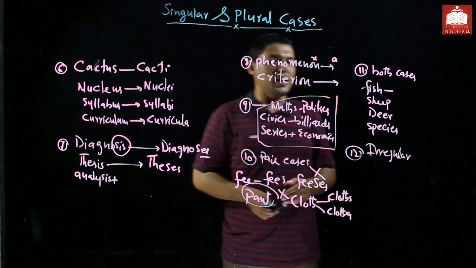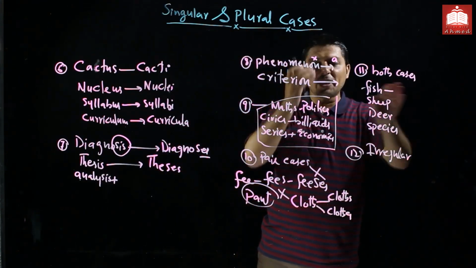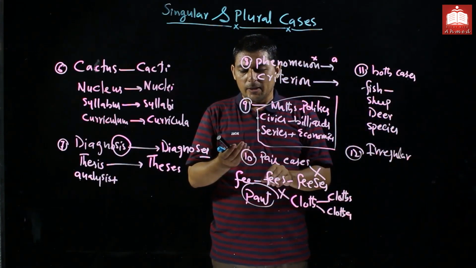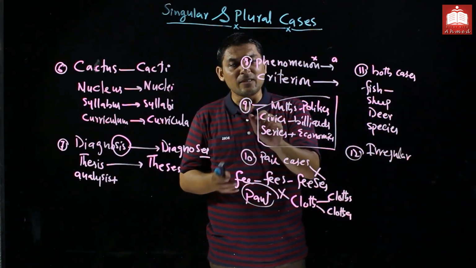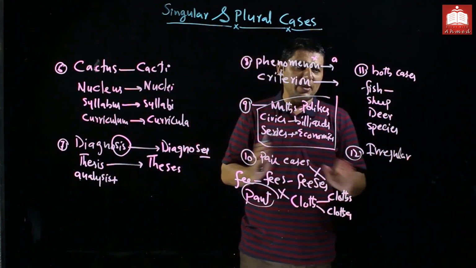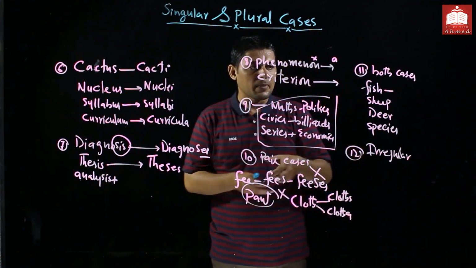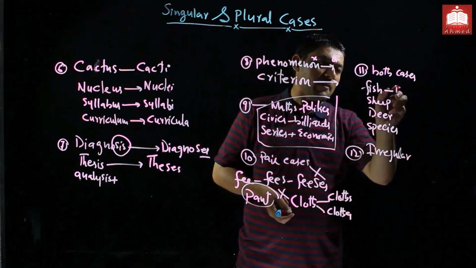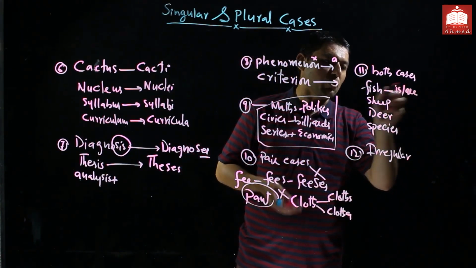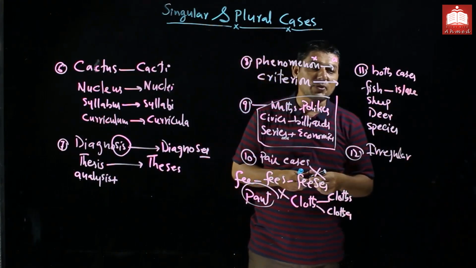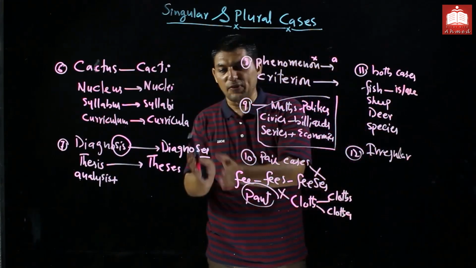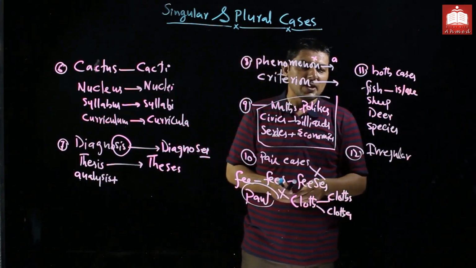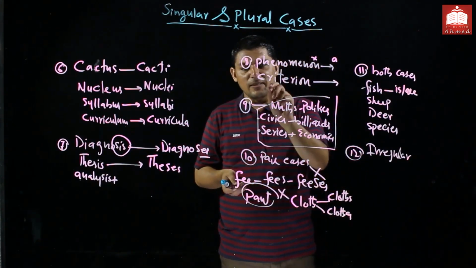Number 11 case we have. In 11 cases, we have certain nouns. They are singular and plural without any changes. Example is fish. According to the sentence, fish is and fish are. Both are right, both are correct according to the sentence. Similarly, sheep. Sheep, if we have one, is.